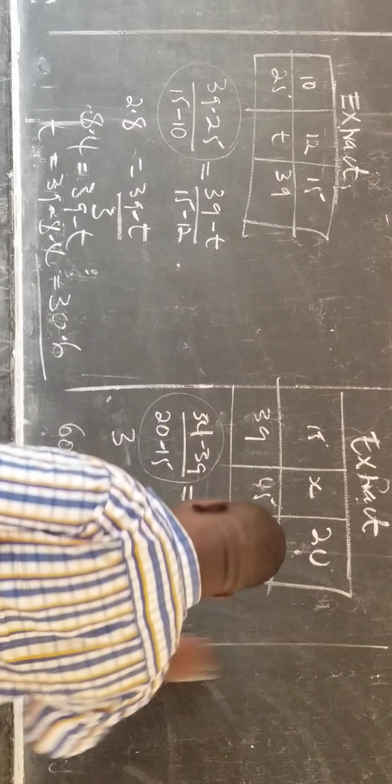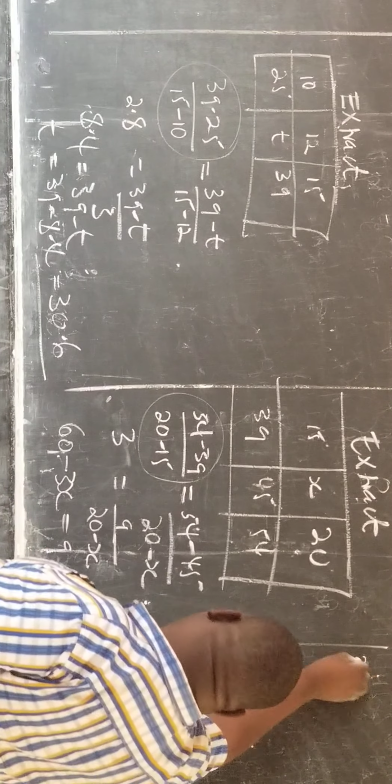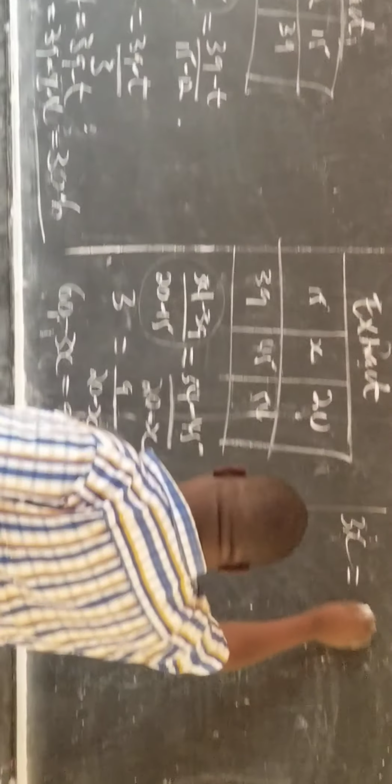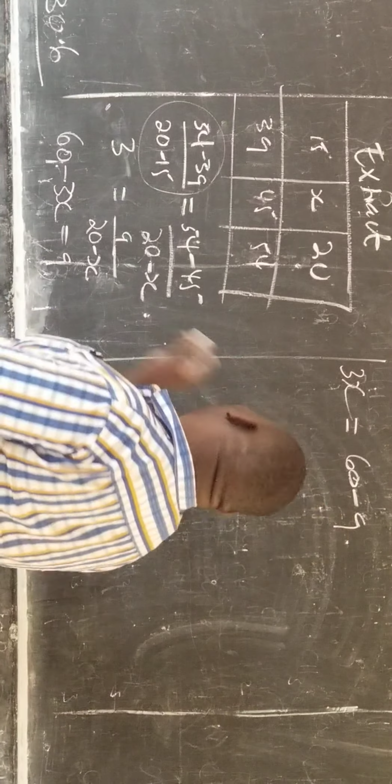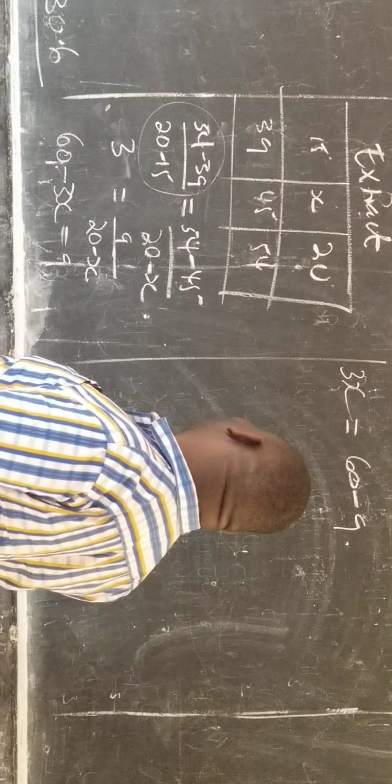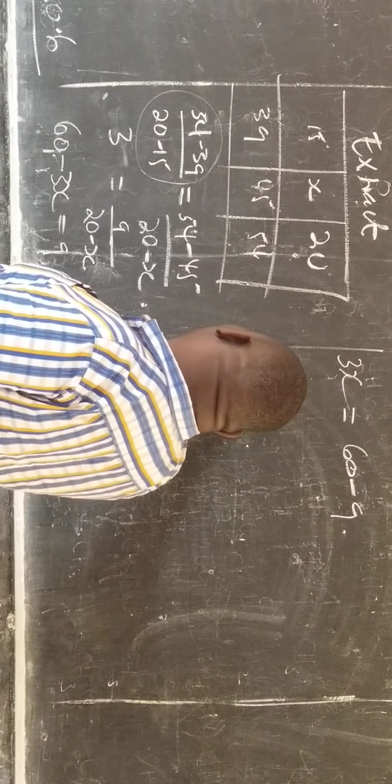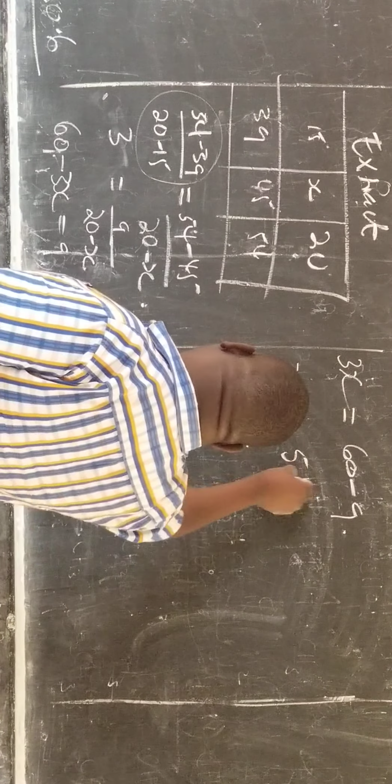So if we make this one the subject, we shall have 3x is equal to 610 minus 9, and 610 minus 9 will give us 51, so our 3x is equal to 51.